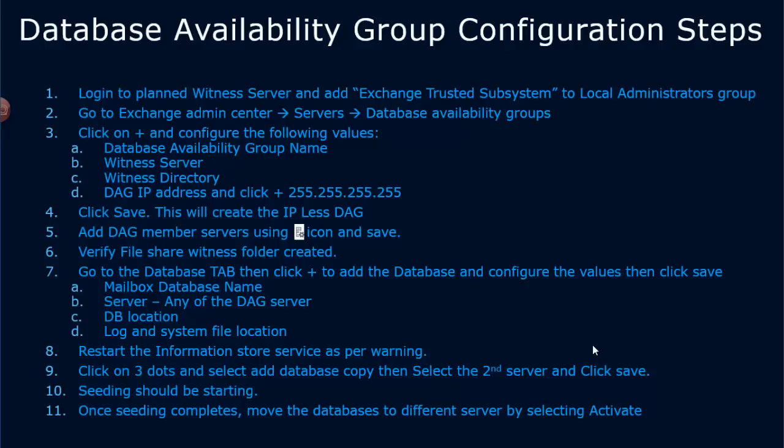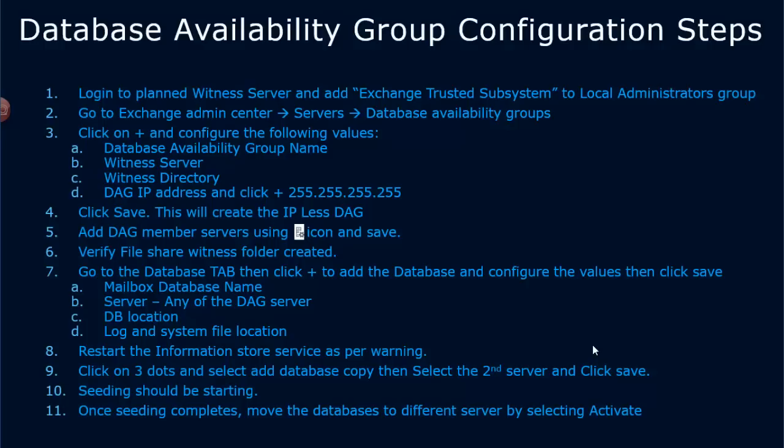We need to design the architecture, buy the correct hardware, and then deploy. So the first step of the DAG configuration is you have to add the Exchange Trusted Subsystem group to the local administrator group on the file share witness.